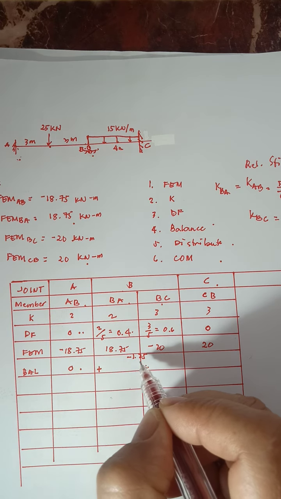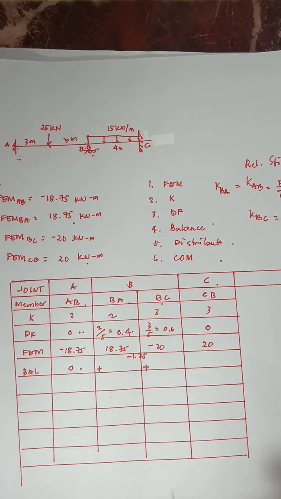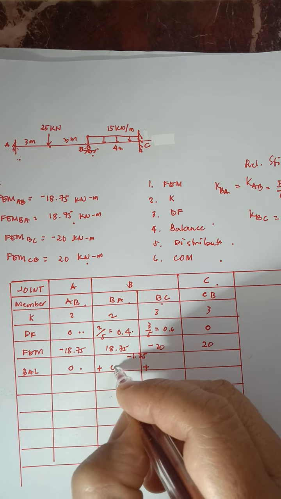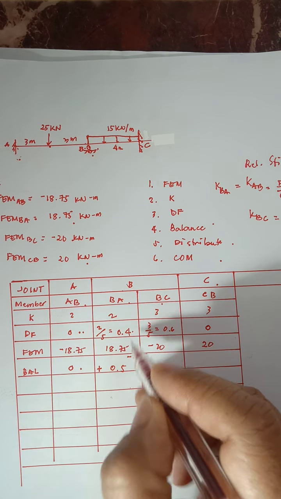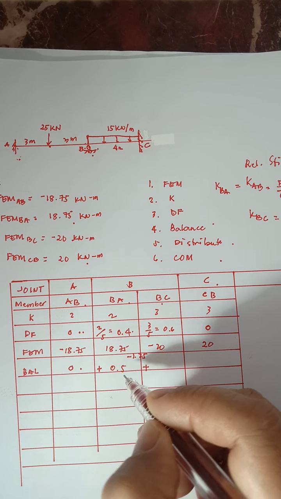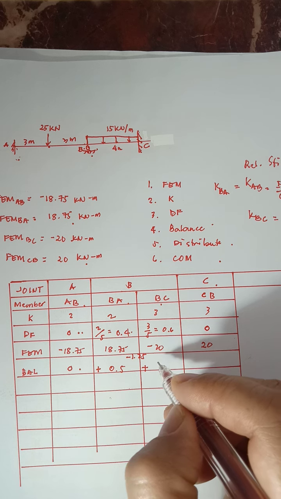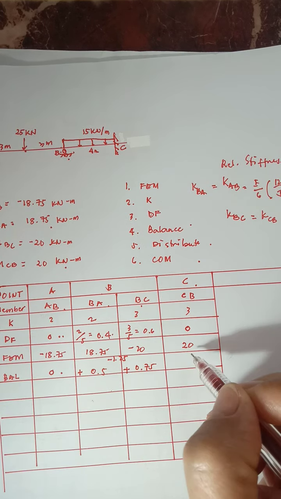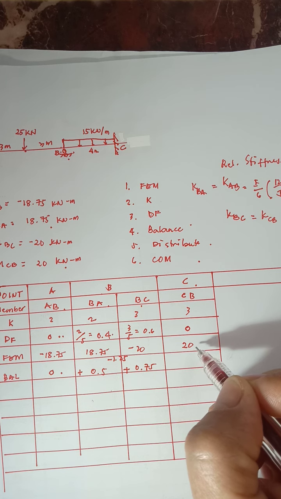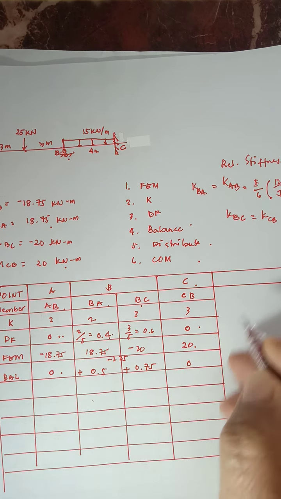So that is 1.25 times 0.4, which equals 0.5. Please calculate it: 1.25 times 0.4 is 0.5. And then 1.25 times 0.6 is 0.75. At the fixed support, 20 times 0 is 0.